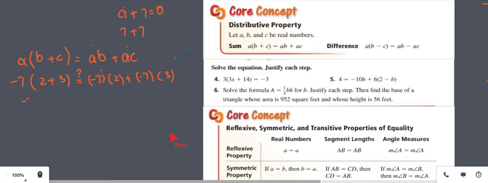So now see, -7 times 5 equals negative 35. On the other side, 14 plus negative 21. Clear? Negative 35 on the left side, and when we add them we will get negative 35 again, right?